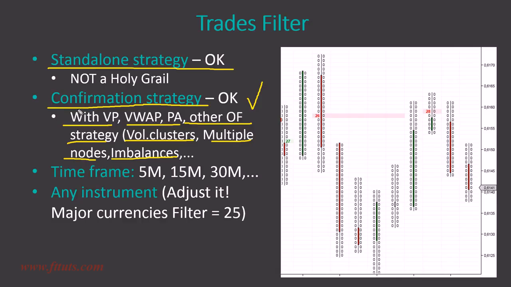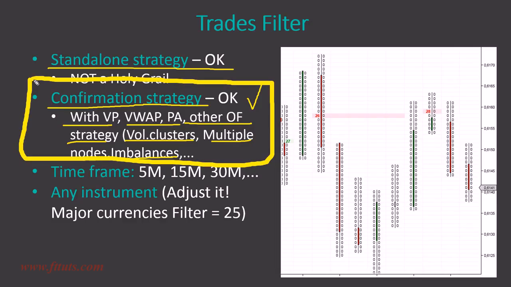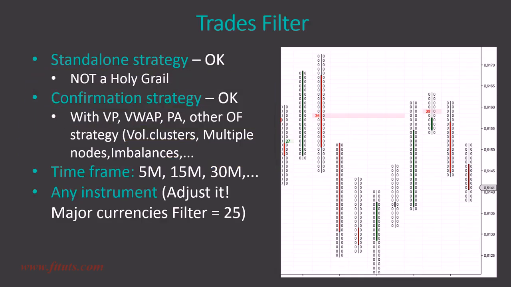Alright, so that's why I prefer to use it as a confirmation strategy. It will be more consistent than if you used it as a standalone strategy. But as I said, standalone strategy is also okay to trade. It is not a holy grail, but it's a nice and working intraday trading strategy.